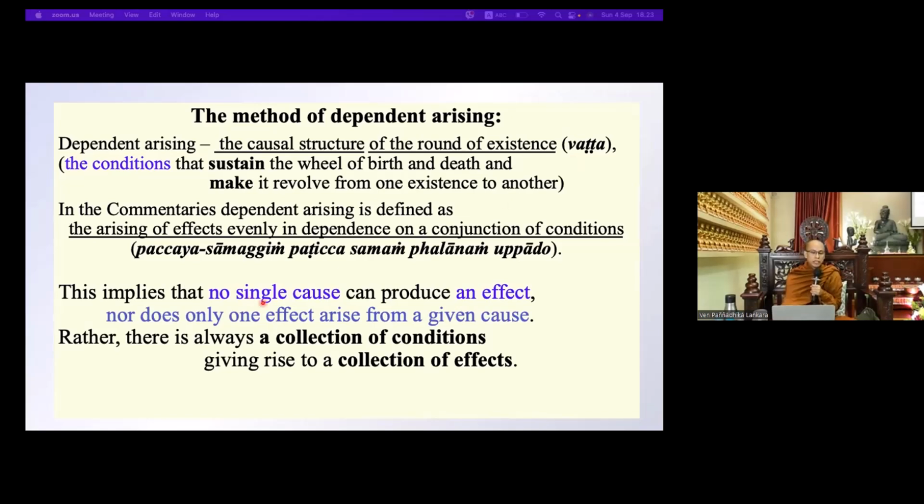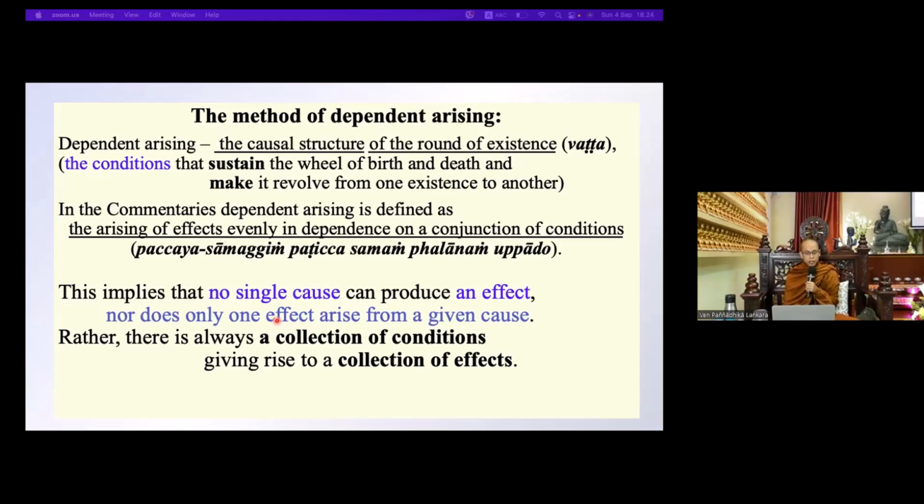As I mentioned in previous slides, the paticca samuppada focuses on a single cause and single effect, for example avijja and sankhara. Avijja gives rise to the arising of sankhara.